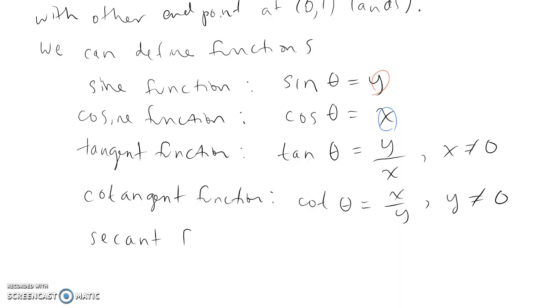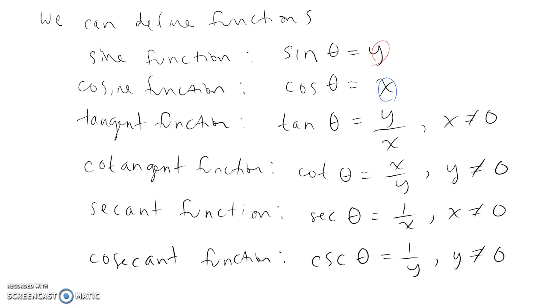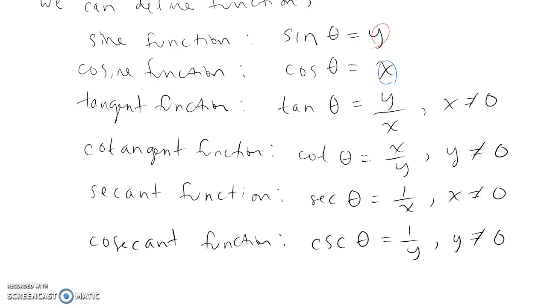Then we have the secant function, secant theta, which is 1 over x, where x is not 0. And we have what we call the cosecant function, which we abbreviate CSC, is 1 over y, where y is not equal to 0. Altogether, these are called the circular functions or the wrapping functions because of how we define them on the unit circle.